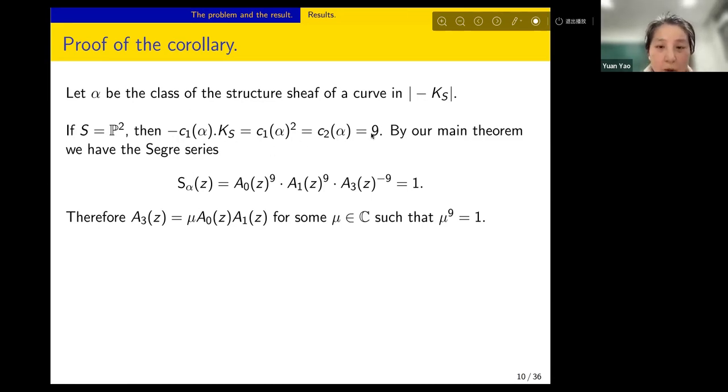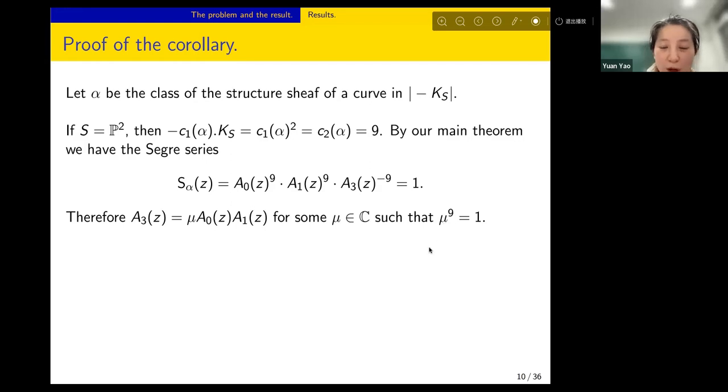Okay, so now we can compute it, 0, 0, or 9. So we get the Segre series. The Segre series for this special case is just equal to 1. On the other hand, with this theorem, it should have this expression, with this difference with some roots of unity.